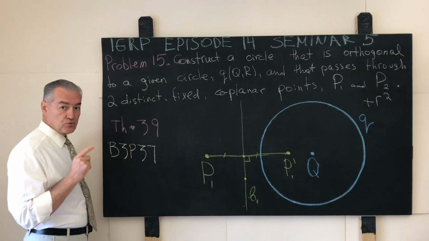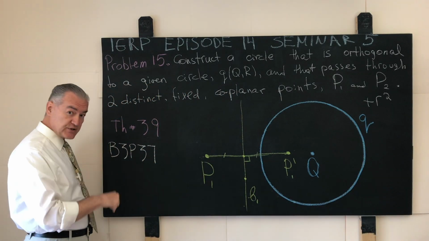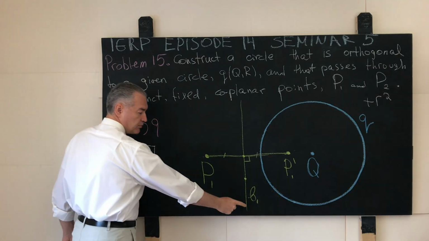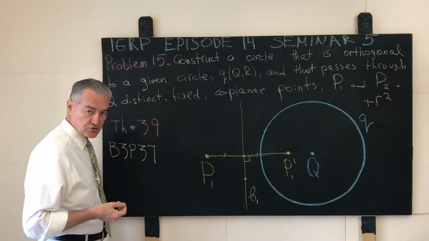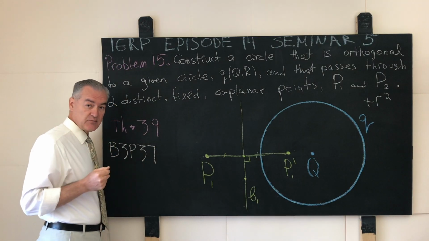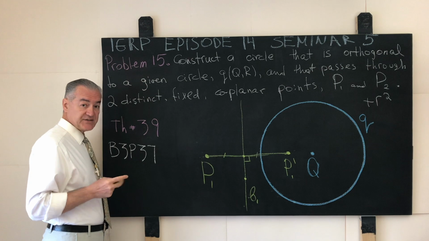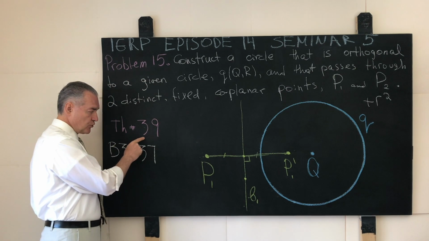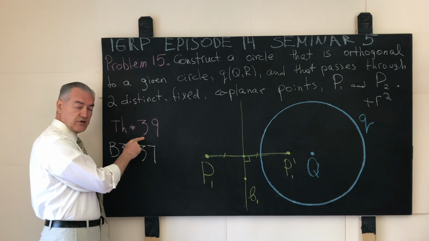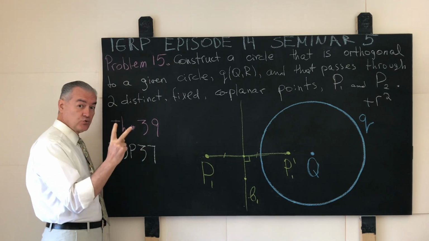But in order to underscore the fact that for this problem, our perpendicular bisector B1 will be the star of this show, I've put together another animation for you where I exercise 2 degrees of freedom, not 1 degree of freedom as you saw in the animation of the theorem number 39, but 2 degrees of freedom.